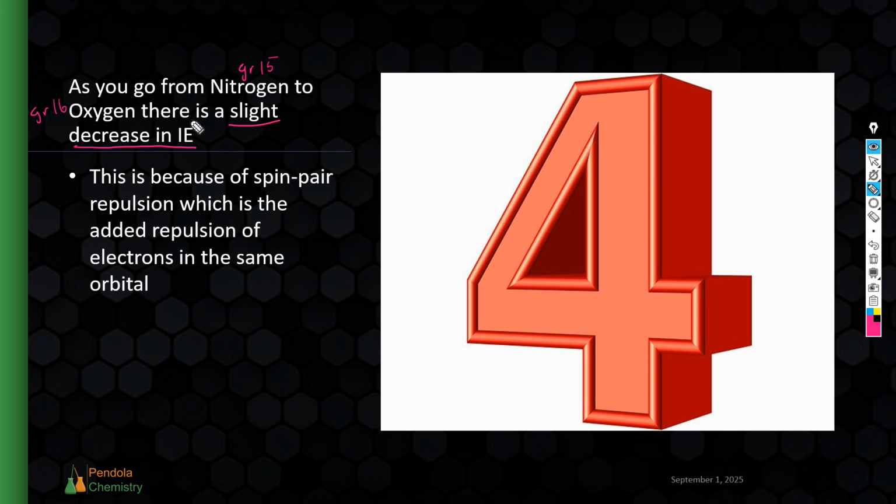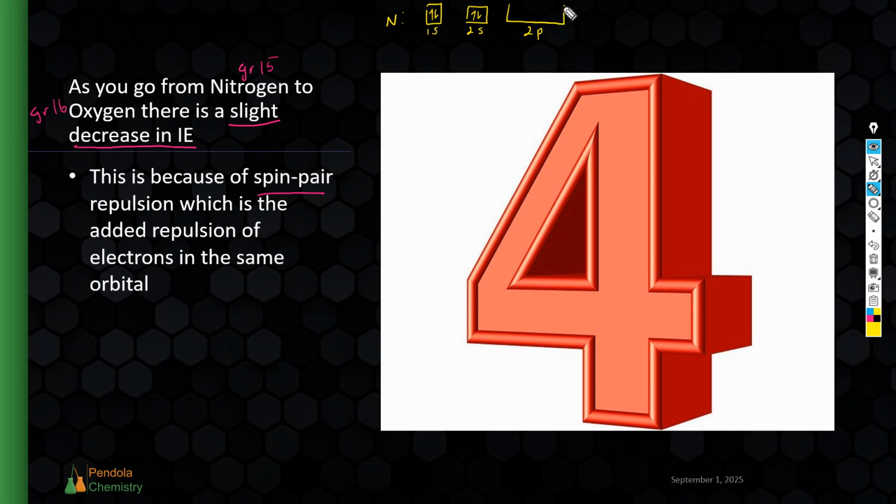Now, why does this exception happen? Because of something we discussed earlier, which is spin pair repulsion. Spin pair repulsion adds an extra amount of repulsion on the electron that does not want to be there. In order to look at this better, we can look at the box notation for nitrogen and oxygen. For nitrogen, the box notation will be 1s, 2s, 2p.